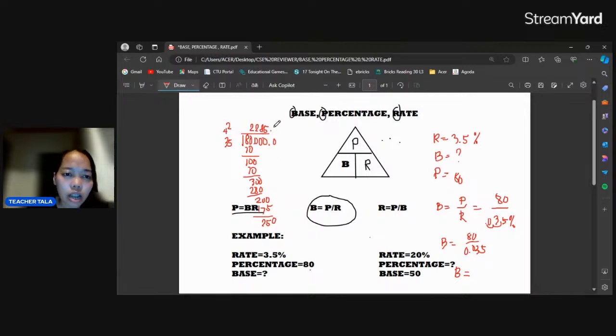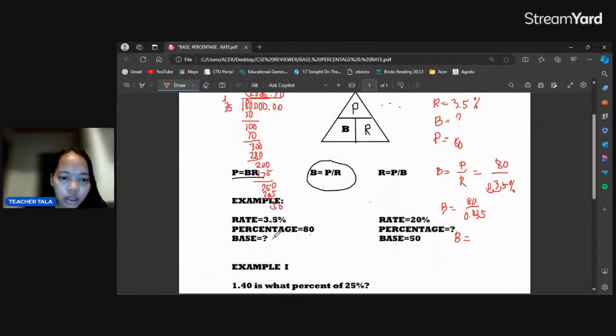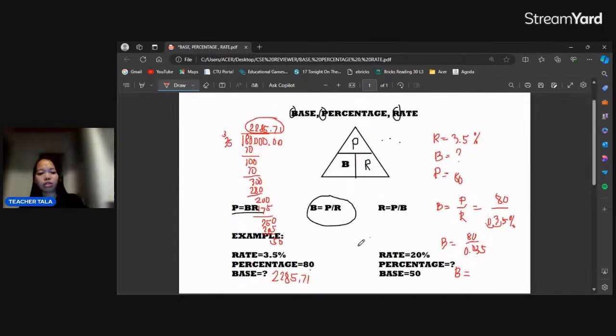So, let's try 7. 3 times 7, 21 plus 3, 24. 245. So, may 5 pa. Another 0. That's 51. Okay, so hanggang hundreds place lang tayo. So that will be 2,285.71. So yan yung base.